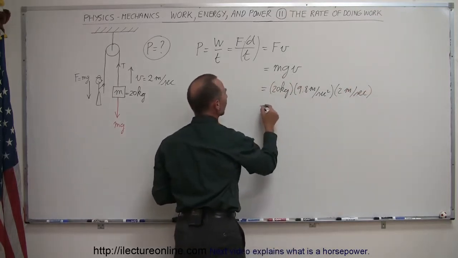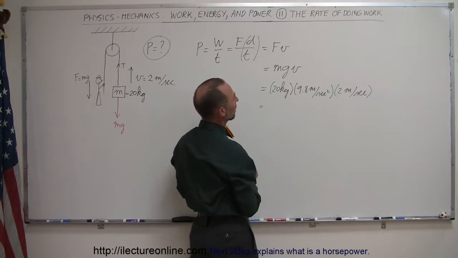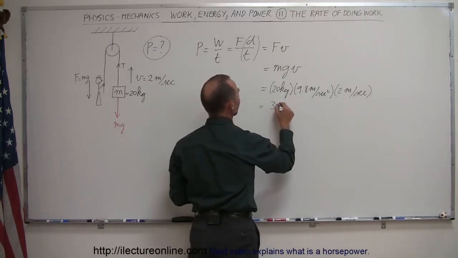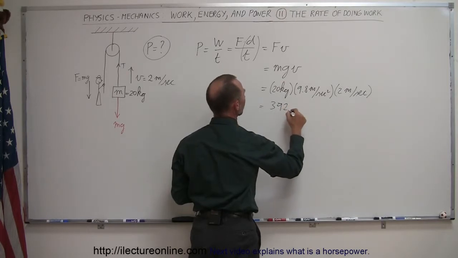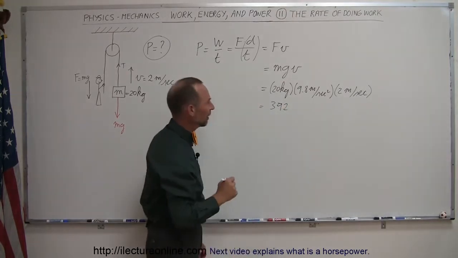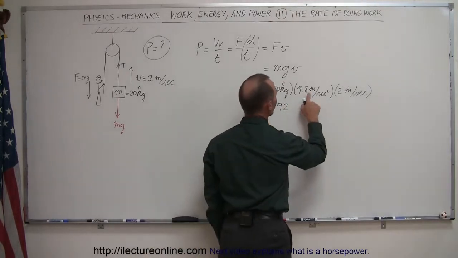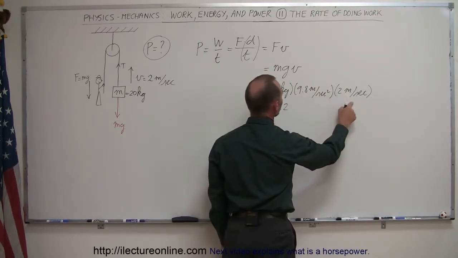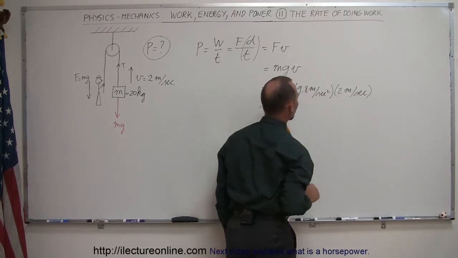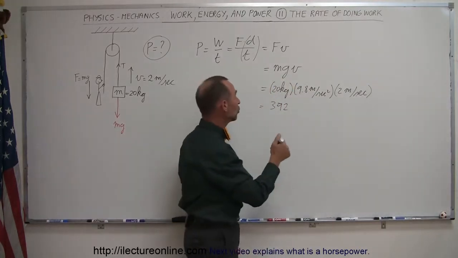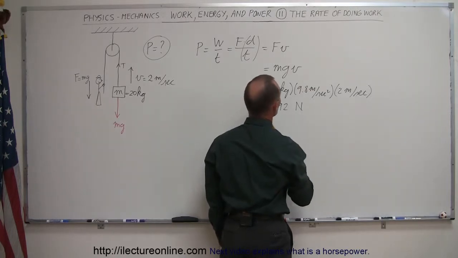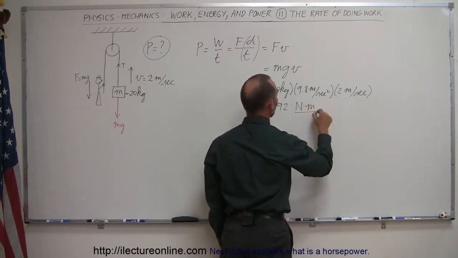Now the result of that will be, let's see, 4, that's 40, that's 39.2, that's 392. What are the units? Well, let's find out. We have kilograms, meters per second squared, meters per second. What is that equal to? Well, kilograms meters per second squared is newtons, and then we have meters per second, so that is newton meters per second.